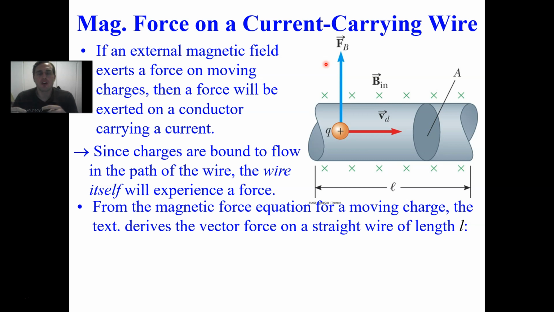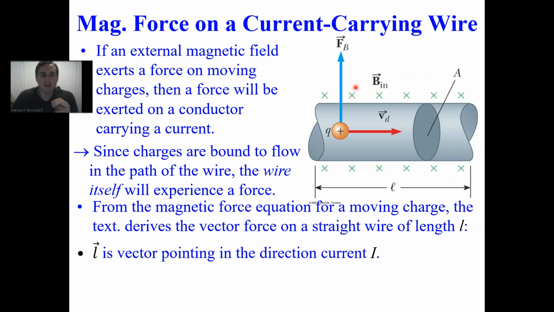Well, that's electric current. But what if the distance does not change in time? Well, that's going to be basically the length of the wire. So we would get, if there's a length vector, that is some vector length pointing in the direction of current I, the following vector equation.